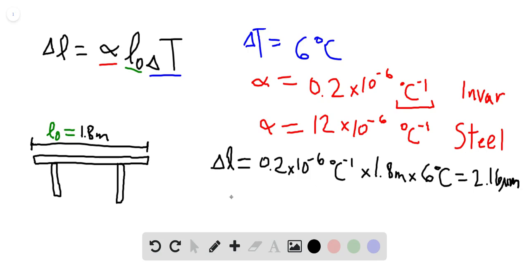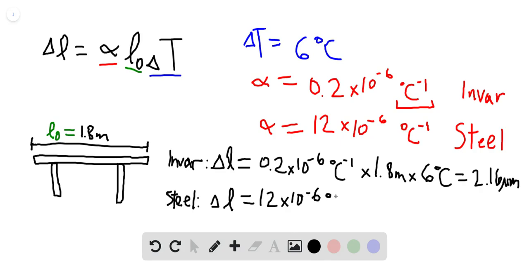And then for steel, well, we will be using the same equation. So this first one was for Invar because we used the coefficient of Invar. Now this one will be for steel, and so we will use the alpha coefficient of steel, which is 12 times 10 to the minus 6 degrees Celsius minus 1.